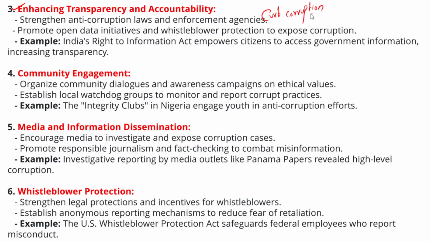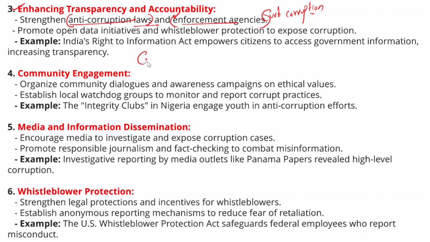How can we further enhance it? One way is to strengthen anti-corruption laws and enforcement agencies. Agencies like the Central Vigilance Commission, Central Bureau of Investigation, and Enforcement Directorate should be given more powers, and we need to strengthen the anti-corruption laws.